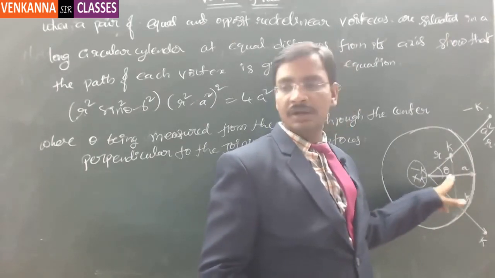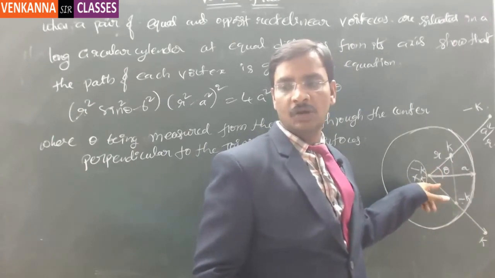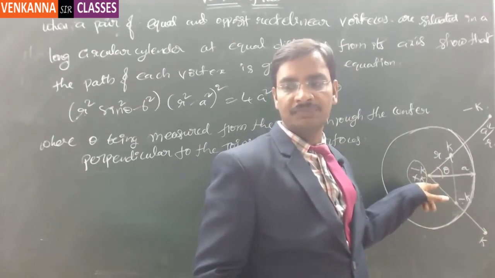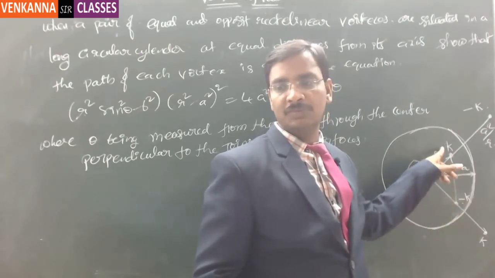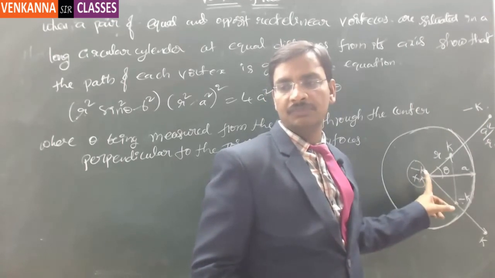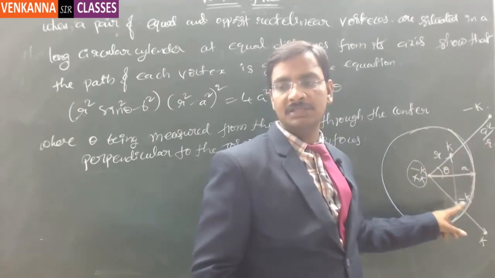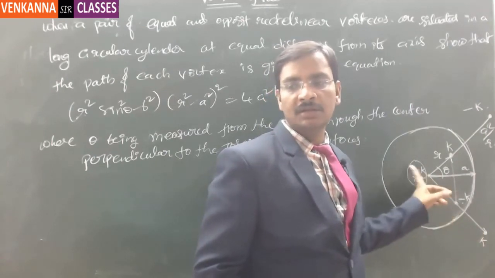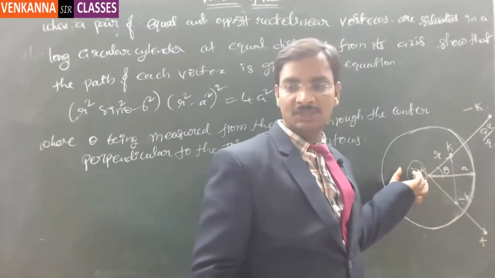From this, one vortex is at plus theta, obviously the other vortex is at minus theta. At minus theta there is a minus q, and at plus theta there is a plus q. Obviously the image system is minus k here and plus k here, and these will cancel anyway. So you don't need to consider these vortices.